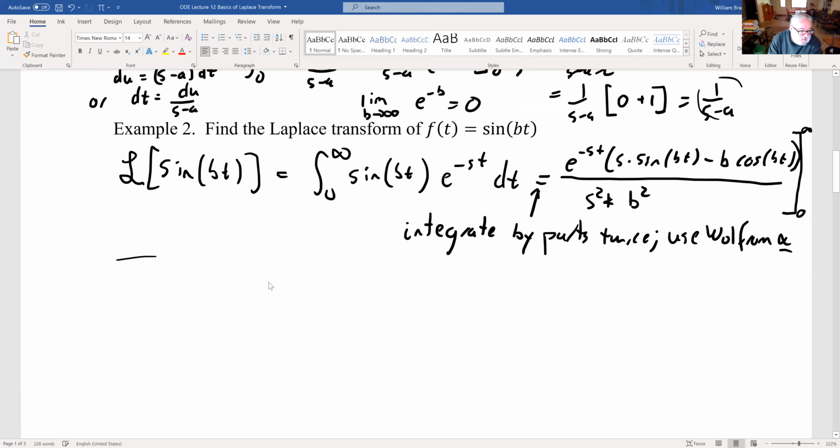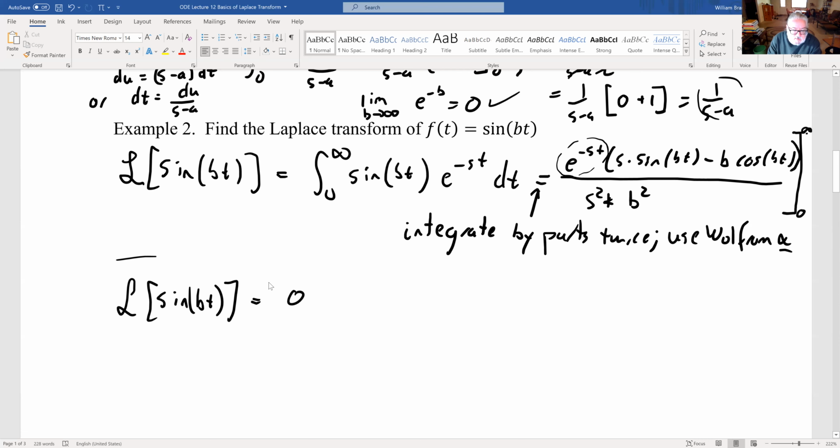So what's the Laplace transform of sine bt? That's this thing evaluated from infinity to 0. Now, if I let t go to infinity, I'm not actually going to do the formal stuff there, but if we let t go to infinity, this goes to 0, right?